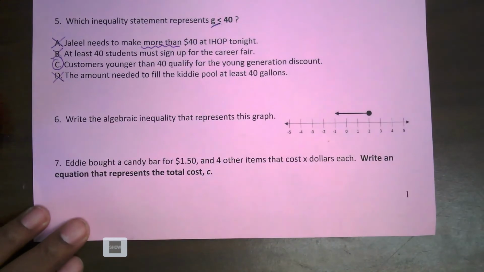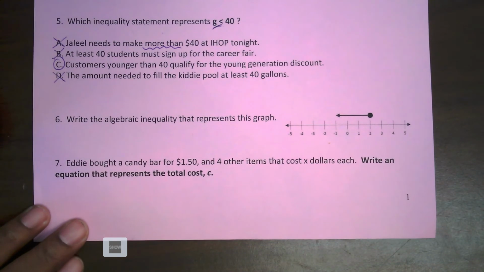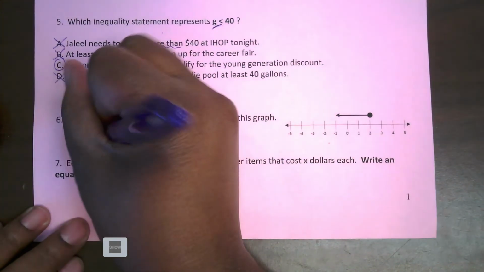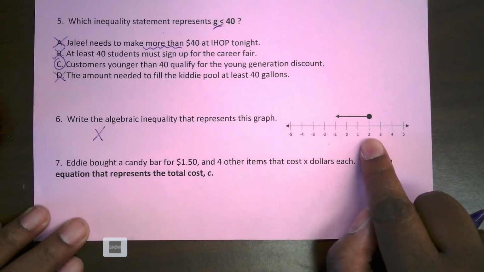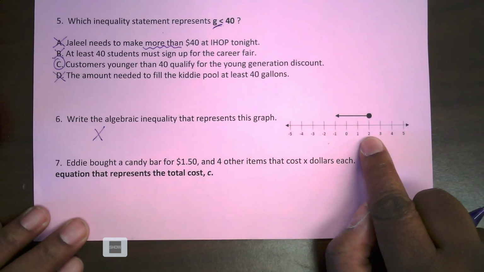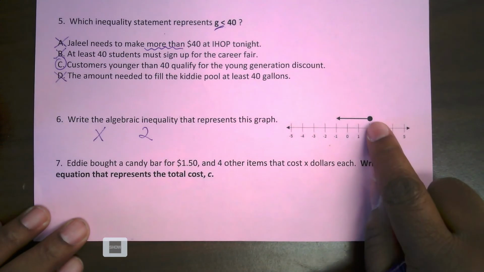Let's look at number 6. It says, write the algebraic inequality that represents this graph. I know that I'm comparing X to a number, and I have to see where my circle is to see what number it's being compared to, and it's being compared to 2. But notice that that's a closed dot.